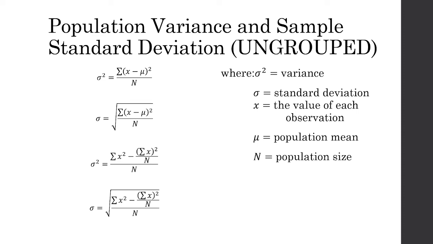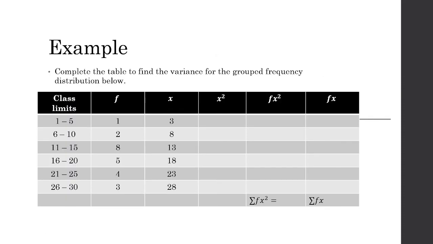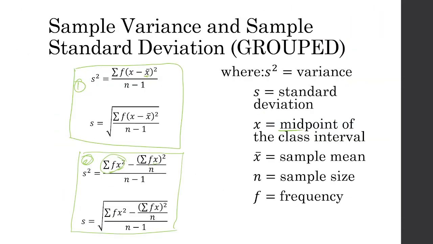Wherein that notation is actually sigma instead of S. But, kung titingnan nyo yung formula, ang tanging difference lamang nung formulas natin ay yung n-1 sa baba. For sample standard deviation, we are using here sample size n, minus 1 at the bottom.